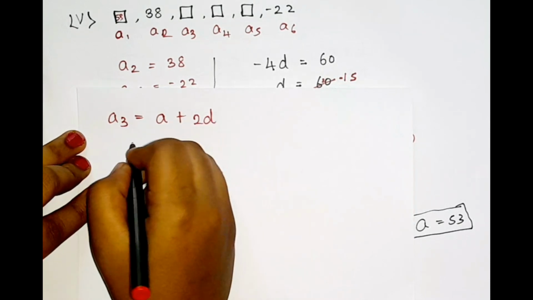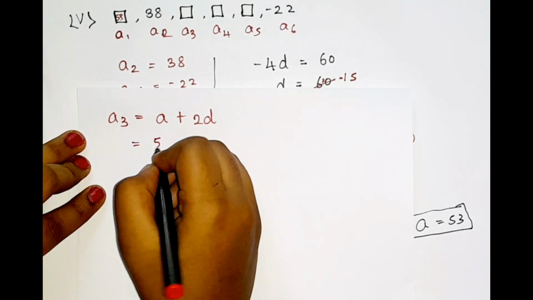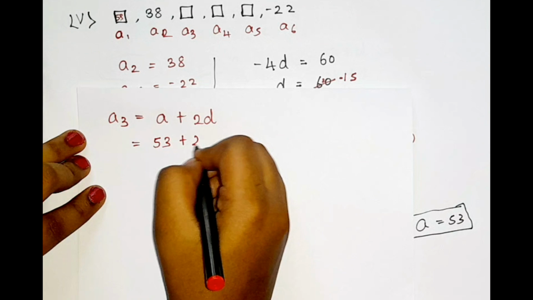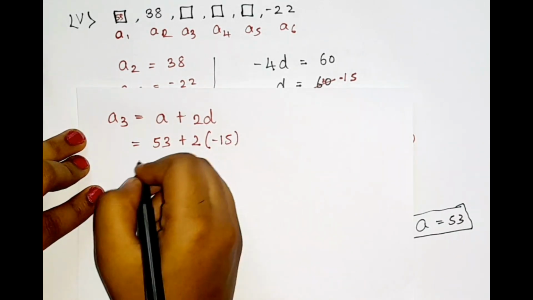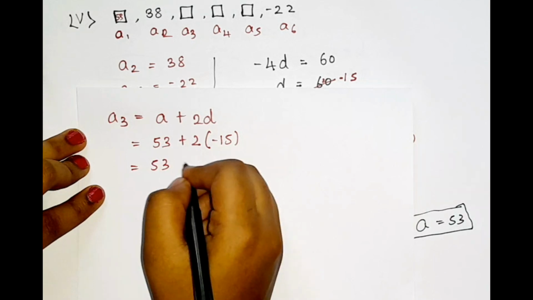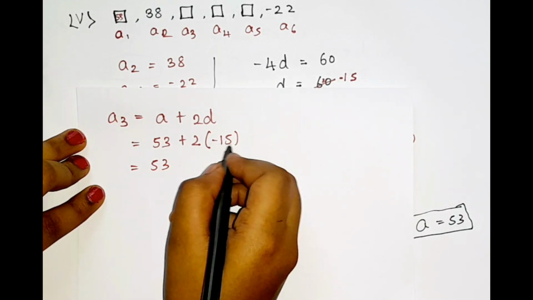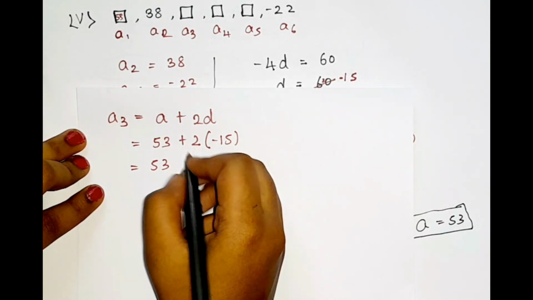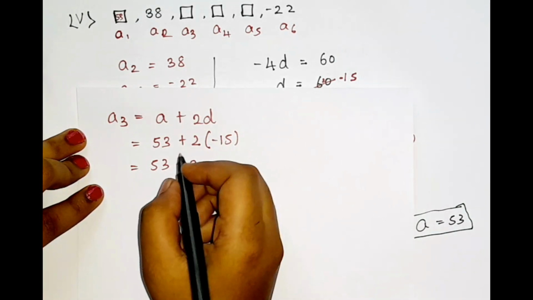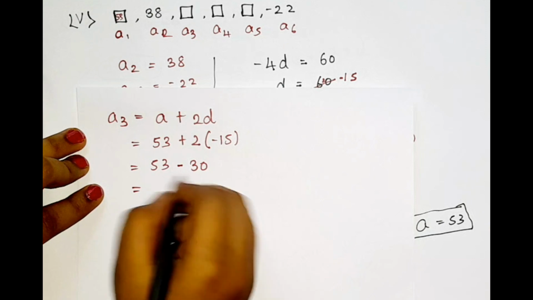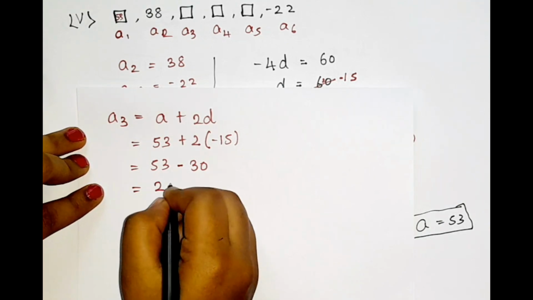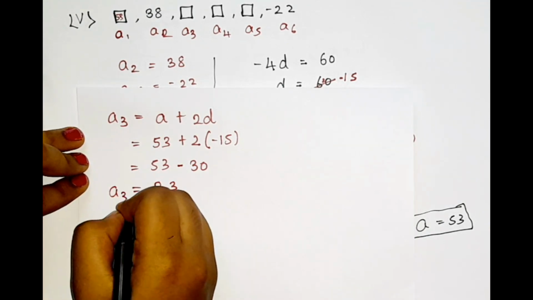A value is 53 plus 2, D value is minus 15. So minus 15 into 2 is 30, and plus into minus is minus. When we subtract them, we'll get 23. So this is our A3 value.